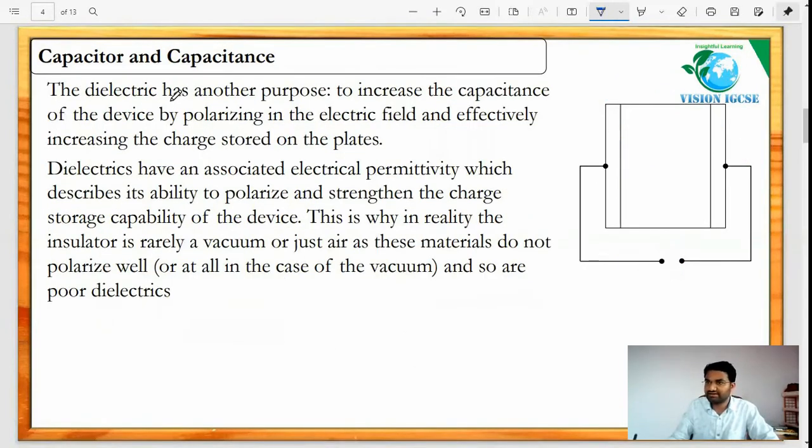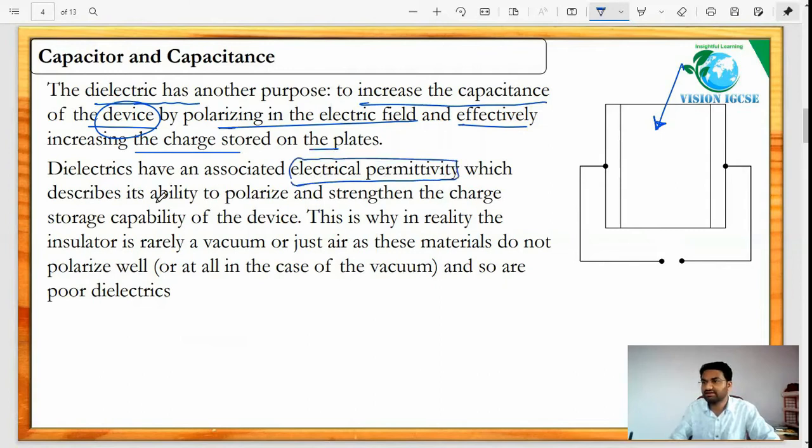Now, a capacitor has dielectric material present between the plates. Its purpose is to increase the capacitance of the device by polarizing the electric field and effectively increasing the charge stored on the plates. The dielectric has an associated electric permittivity, which describes its ability to polarize, that is, the charge storing ability of the device.